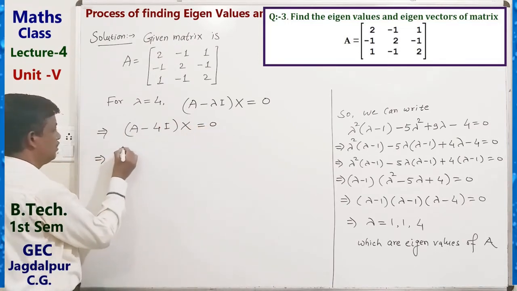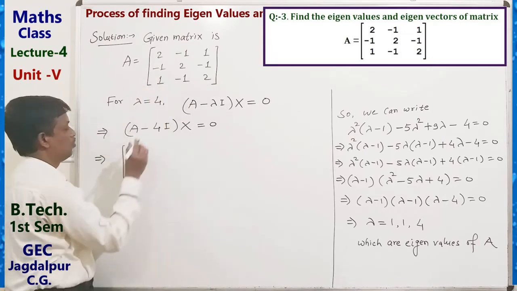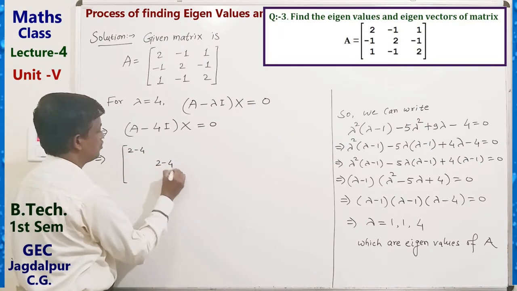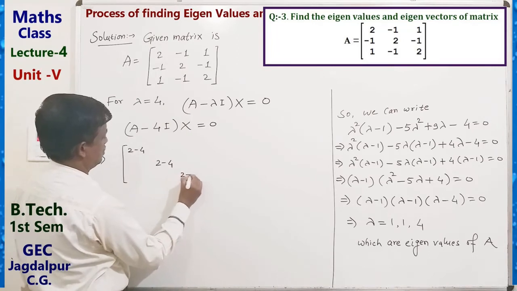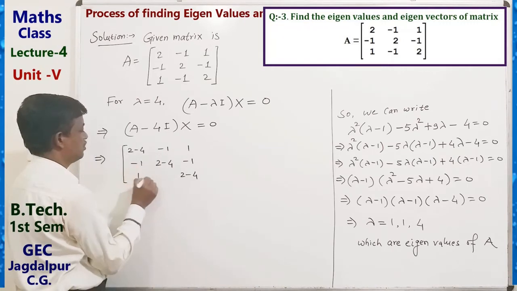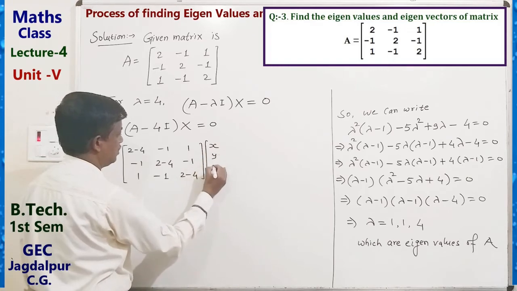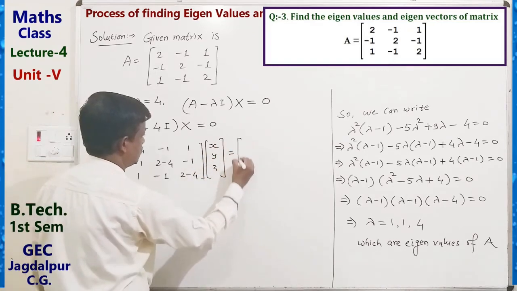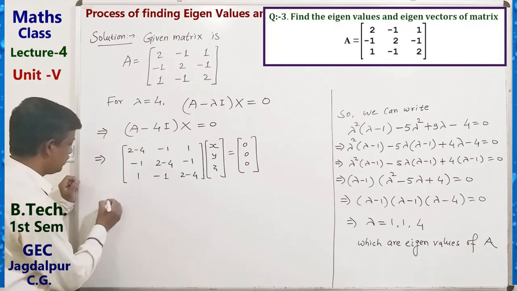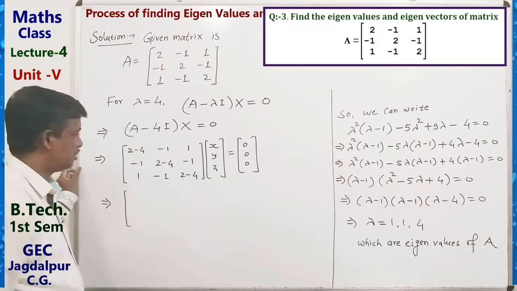So we can write the matrix equation. This is the matrix: 2 minus 4, 2 minus 4, 2 minus 4, and minus 1, 1, minus 1, minus 1, 1, minus 1. So this is x, y, z equals to 0, 0, 0. Clear? Now simplify it. Our procedure is by using cross multiplication here.